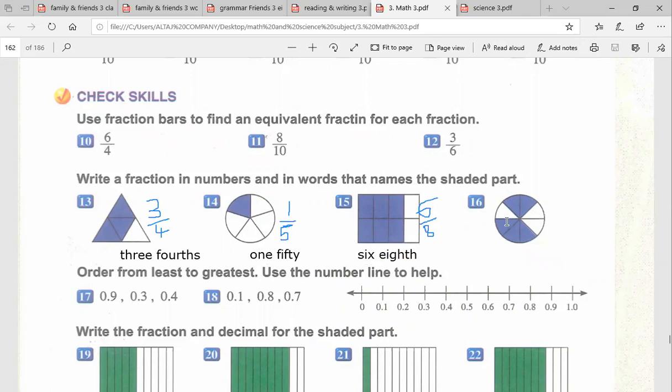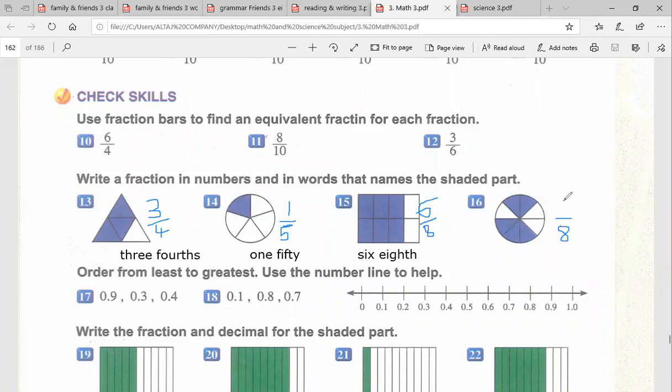Okay, question 16. Let's count. 1, 2, 3, 4, 5, 6, 7, 8. We also have 8 slices of pizza. So 8. And how many parts are shaded? 1, 2, 3, 4, 5.